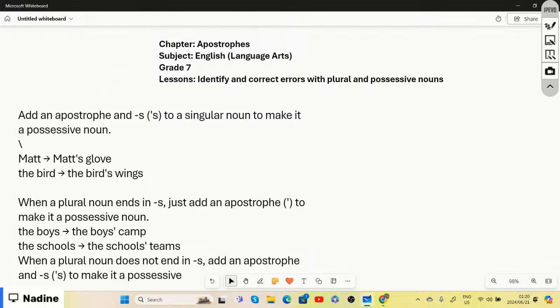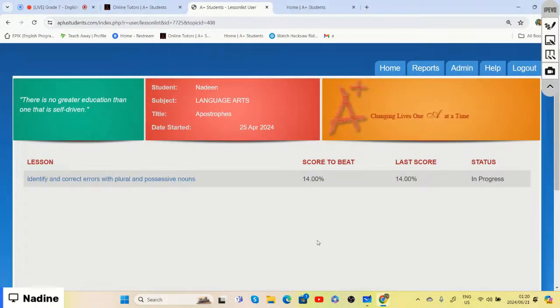All right, so now we're going to aplusstudents.ca. And we see that our chapter is apostrophes.